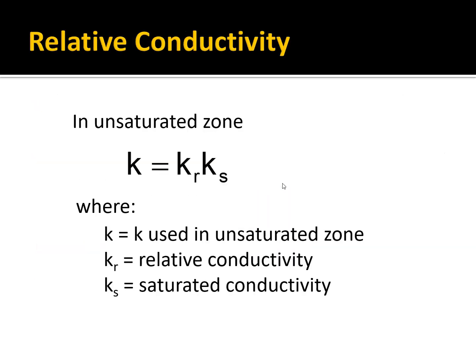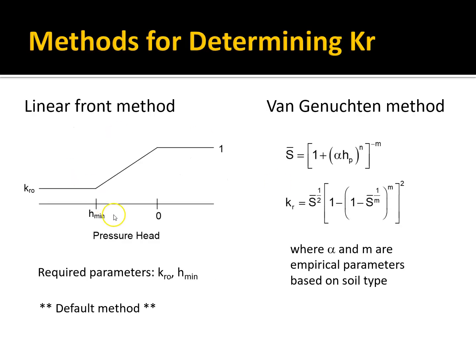Okay, and again, that distance could be quite small. I think we default this to like -1. So the relative conductivity ramps down to a minimum value over a range of maybe 1 foot or 1 meter as you go above the water table. And so again, it's a really simple method, and when it determines that phreatic surface location, it has to iterate.